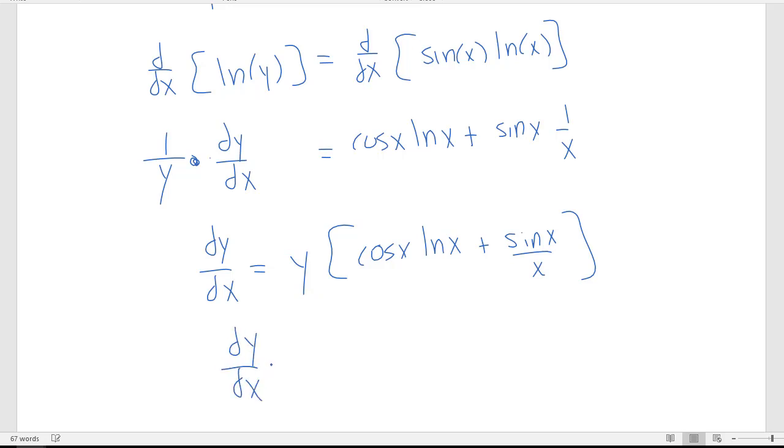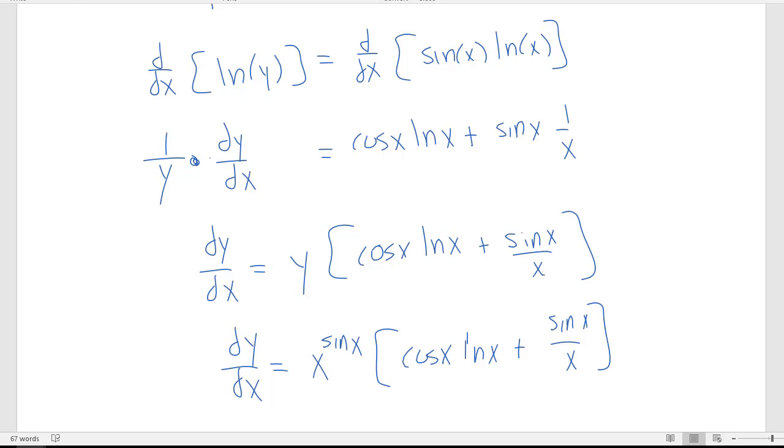So the function we were differentiating was x to the sine x, right? That was y equals x to the sine of x. So we're just replacing what the y is, and that multiplies all of this stuff inside. And there's our answer. That was the same answer we got from the first process.